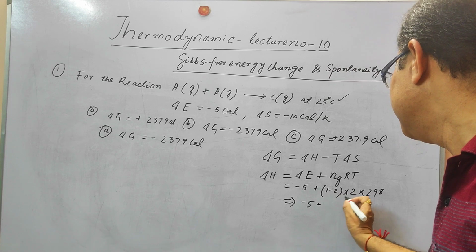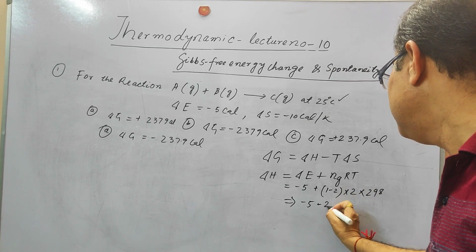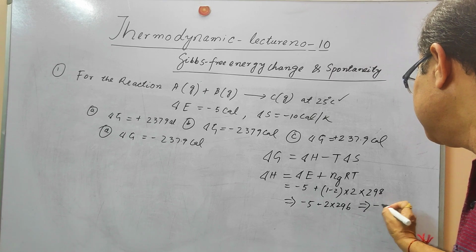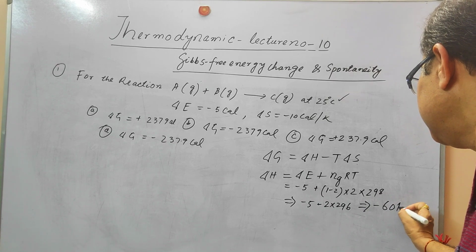If we calculate this, 2 into 298, it will be almost minus 601 calorie.